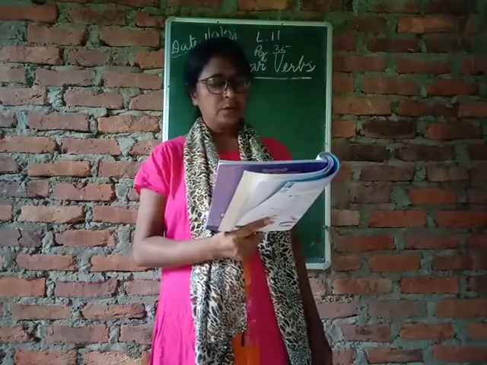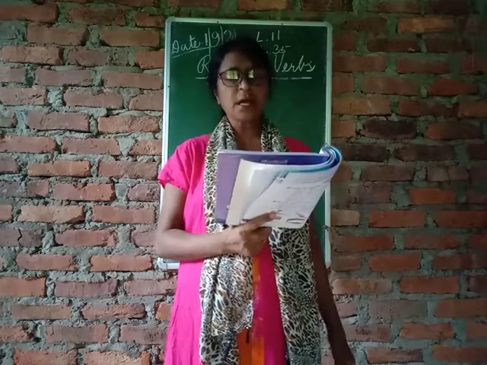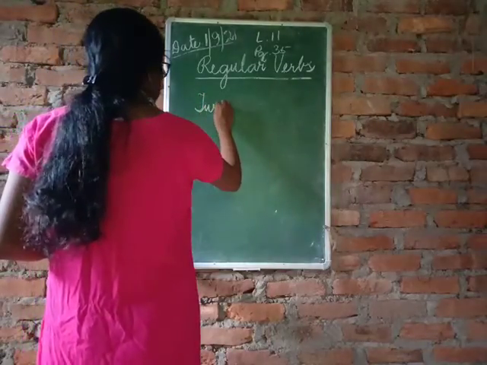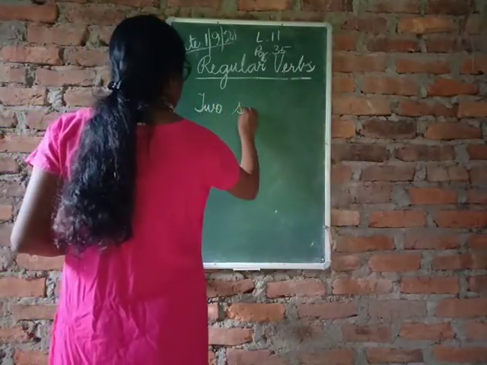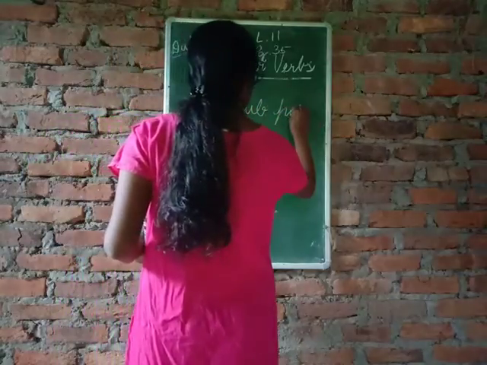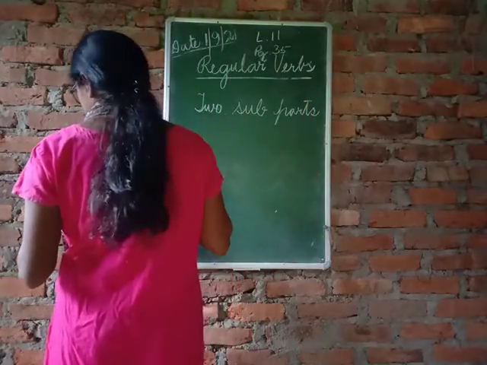So, two parts of the past period. The past period has two subparts. Subparts means দুটা part আছে.